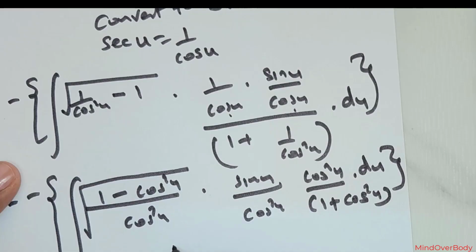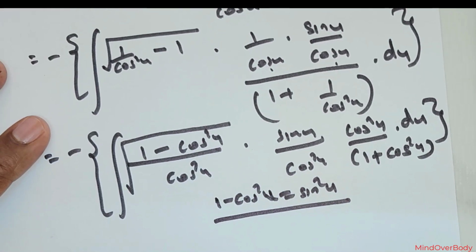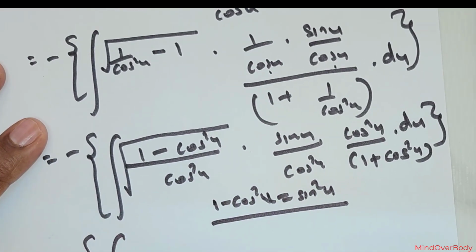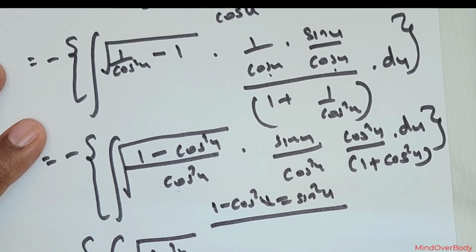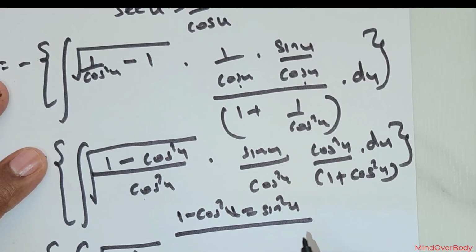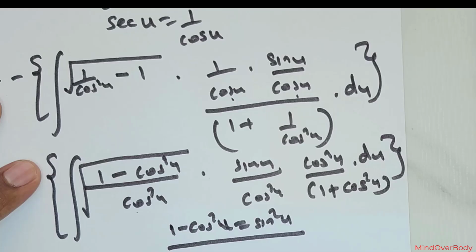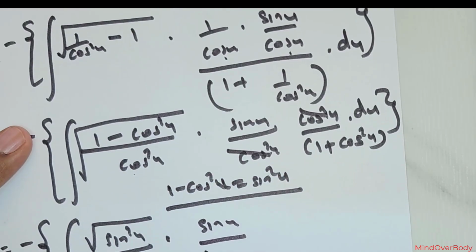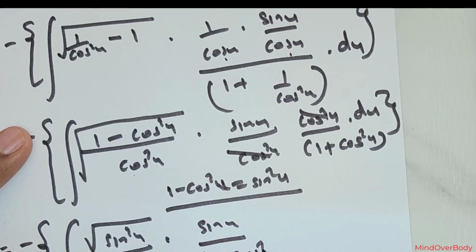Now there is a trigonometric identity which states that 1 minus cos squared u is equal to sin squared u. So this is equal to negative integral root of sin squared u, and square root of cos squared u is cos u, and you got a sin u there, and cos squared u gets cancelled, giving you 1 plus cos squared u times the du.